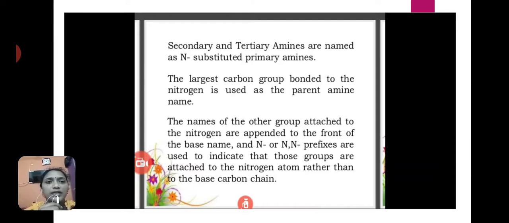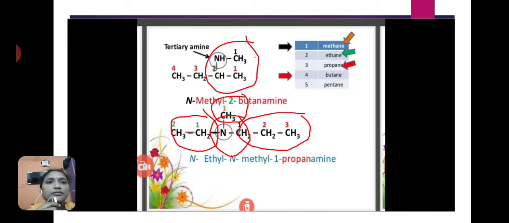Secondary and tertiary amines have alkyl groups, so we add N-substituted. For example, if nitrogen has only one substituent, we add capital N before the name. If two substituents are present, we write N,N-disubstituted. Here are examples of a secondary and a tertiary amine.